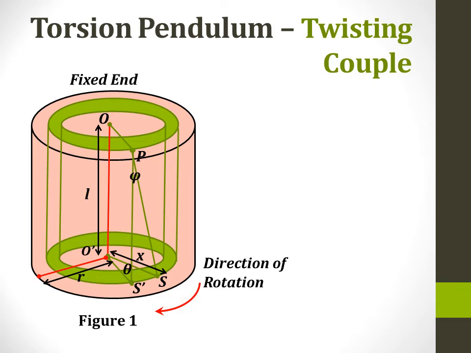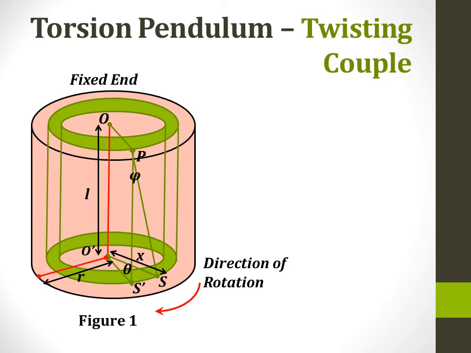The wire is assumed to be made up of a large number of hollow cylindrical tubes which are coaxial in nature. This green shaded portion going right up till the top is one such hollow cylindrical tube, which is coaxial in nature, and it has a radius small x.